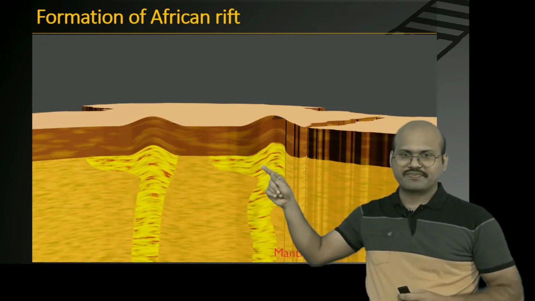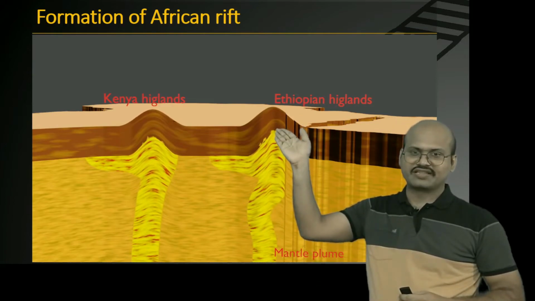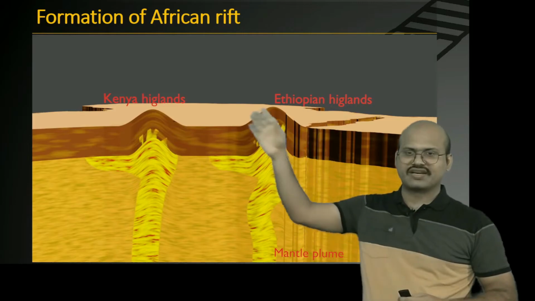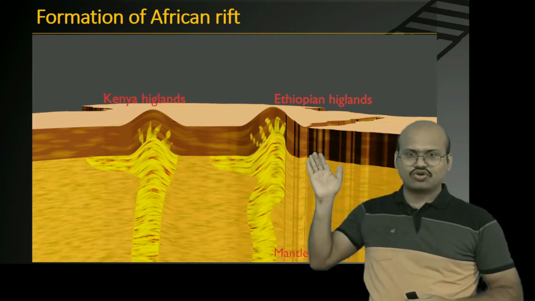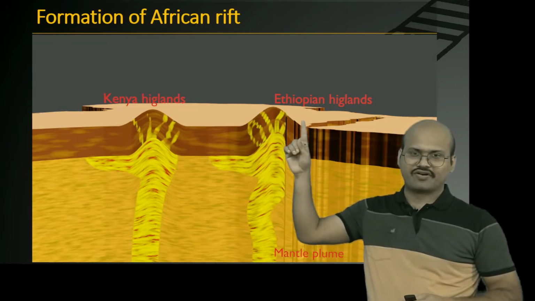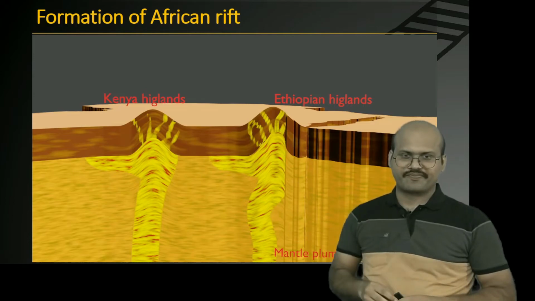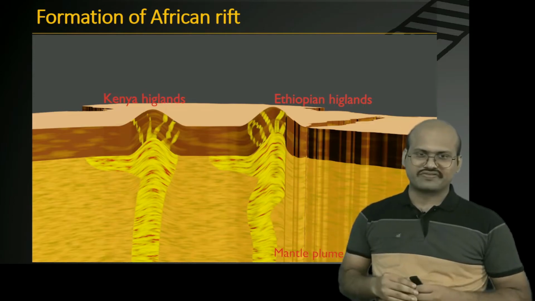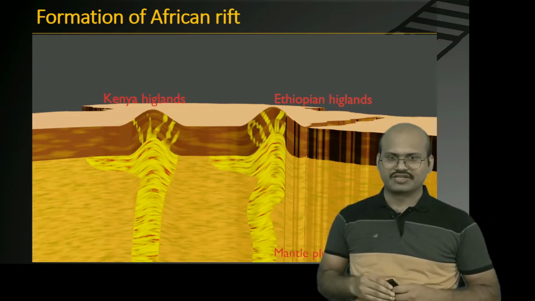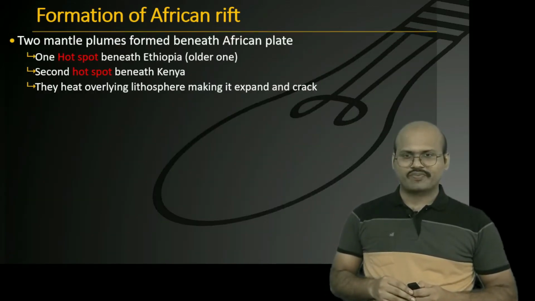Because of this magma, the landform was uplifted, a bulge was created, and this led to the formation of the Ethiopian highlands and Kenyan highlands. During this bulge process, a lot of cracks developed in the overlying landform, and through these cracks the lava made its way to the surface. So it is through this process that we consider there is a lot of volcanism in the East African Rift Valley.